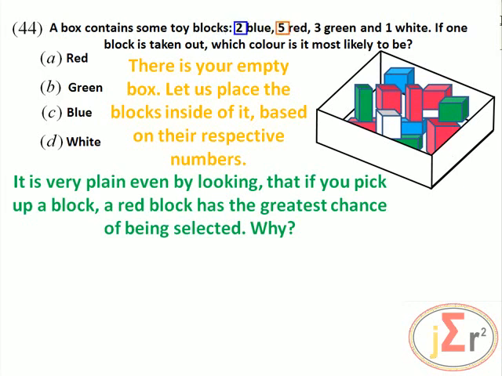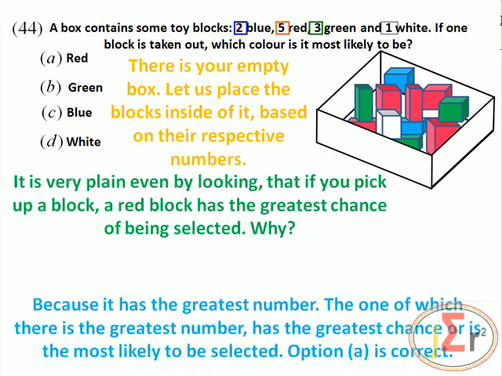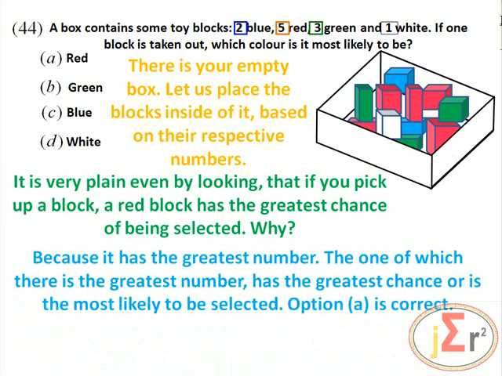So take a look at the numbers that we have, the numbers representing the number of each block. Because it has the greatest number, the one of which there is the greatest number has the greatest chance or is the most likely to be selected.